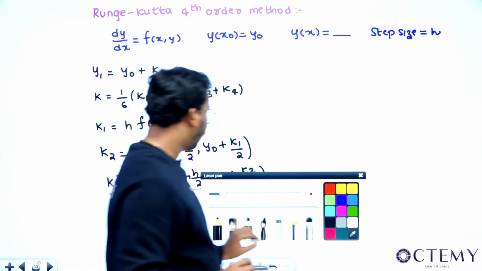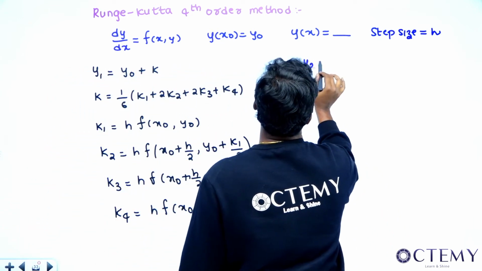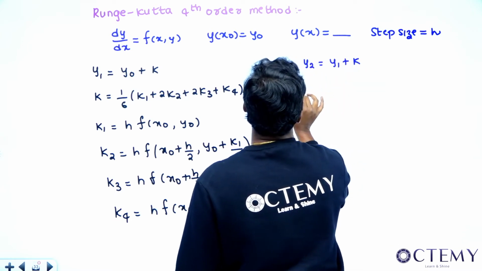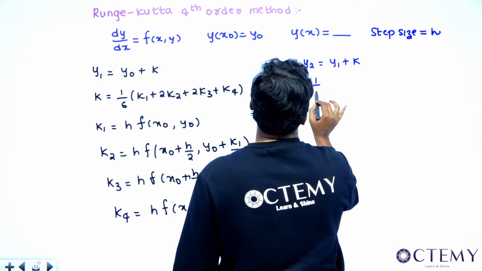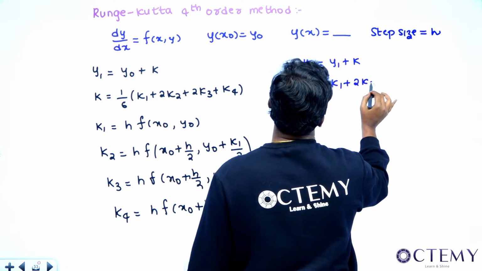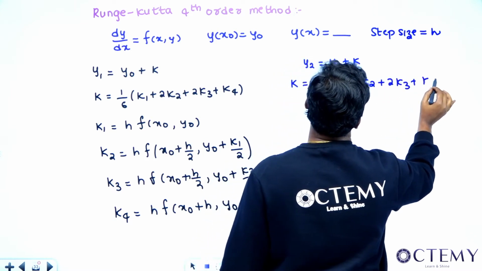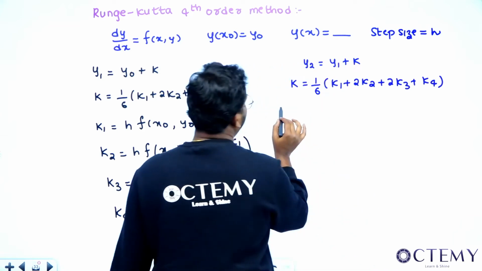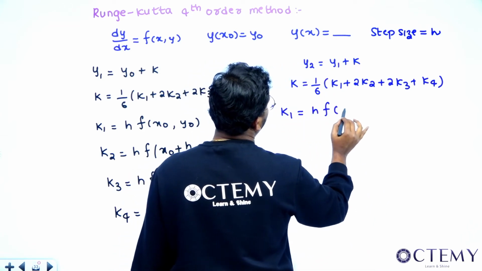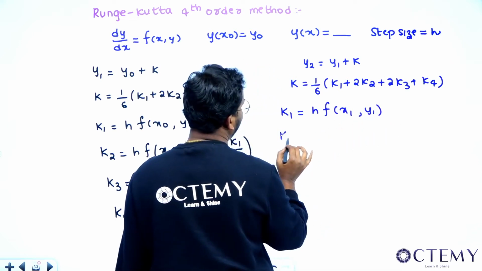Say if you wanted to find y2, sir. Now if you want to find y2, that will be simply y1 plus k. What will be the k value? K value will be 1 by 6 times k1 plus 2k2 plus 2k3 plus k4, isn't it? And what will be k1, sir? Your k1 will be h f of x1 comma y1. And what will be k2?